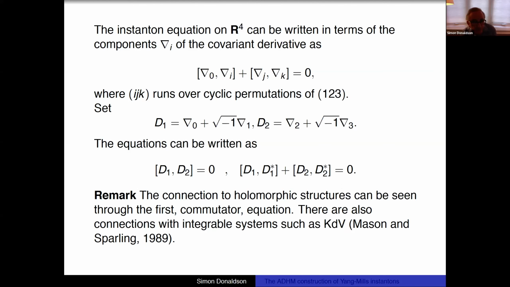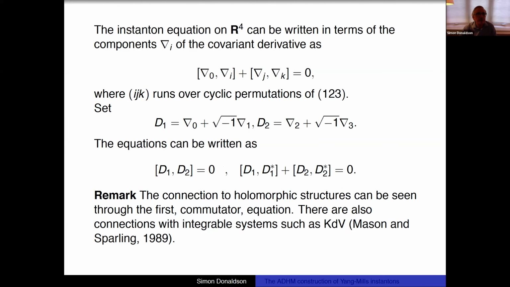In fact, this commutator equation, d1 bracket d2 is 0, is essentially another point of view on the connection to holomorphic structures.